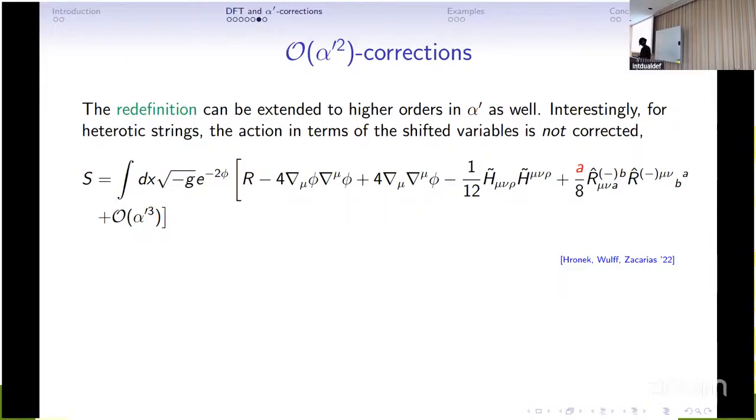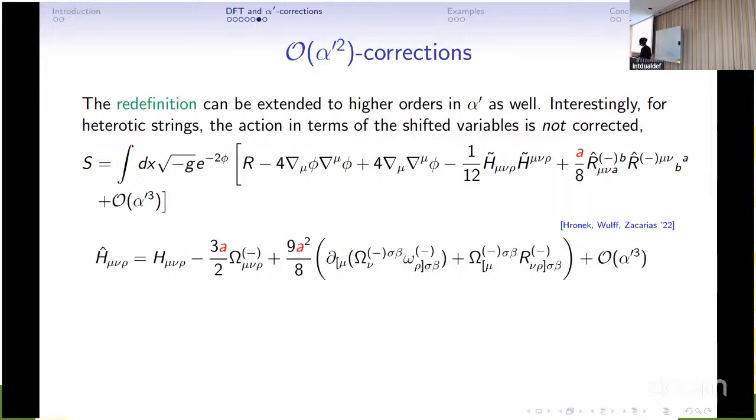As you can see, once again we have these R minuses showing up. We have this H showing up as well, but now this H looks a little bit different, where you have the usual piece coming from first order, and then some additional pieces coming from the next order.